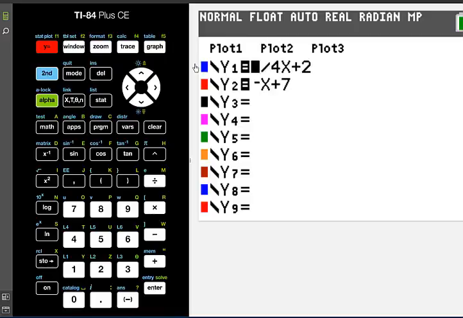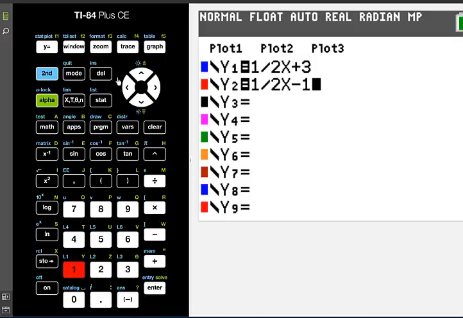I should also get rid of equations I'm done with by going to them and hitting clear. The first equation was y equals 1/2 x plus 3. And the second equation, y equals 1/2 x minus 1.